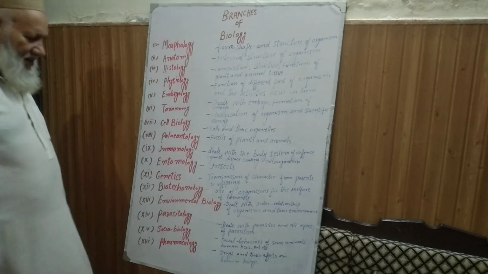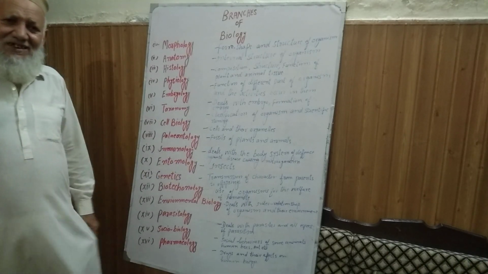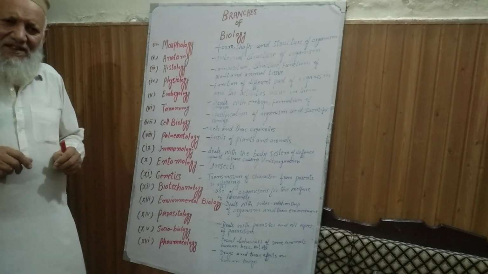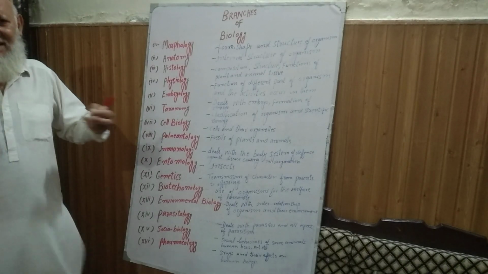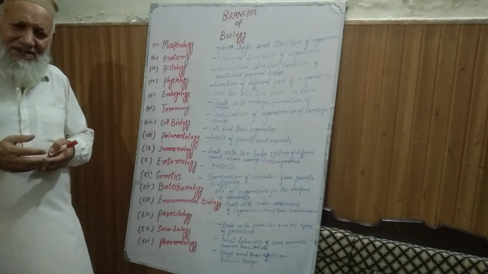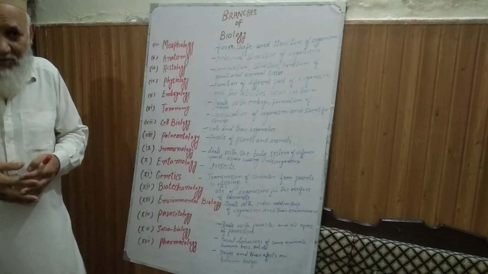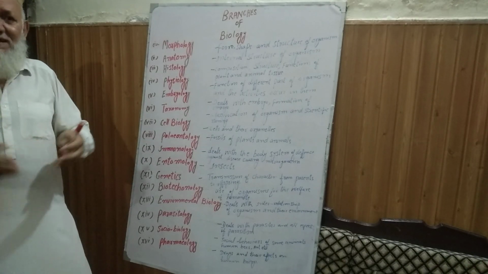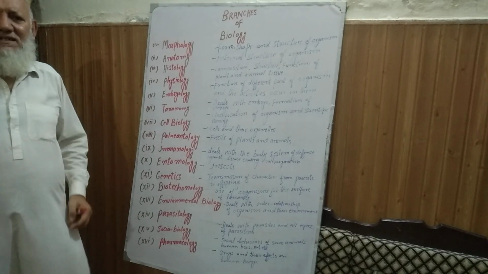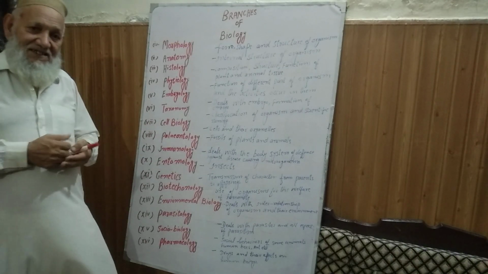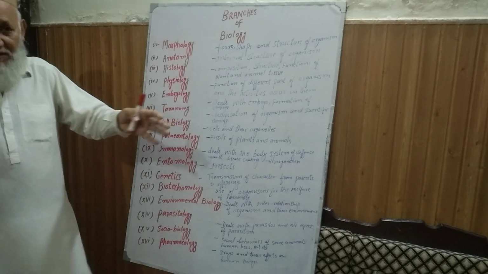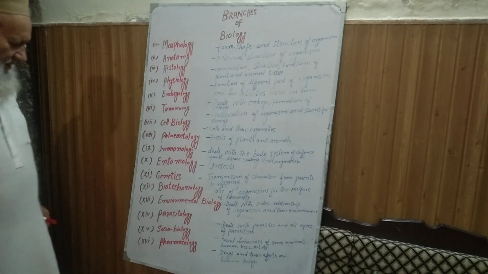Parasitology. Parasitology studies the parasites which create problems for human beings. They affect the health of human beings and of plants. So parasitologists try to solve these problems and control the parasites which have created a great problem for humanity.